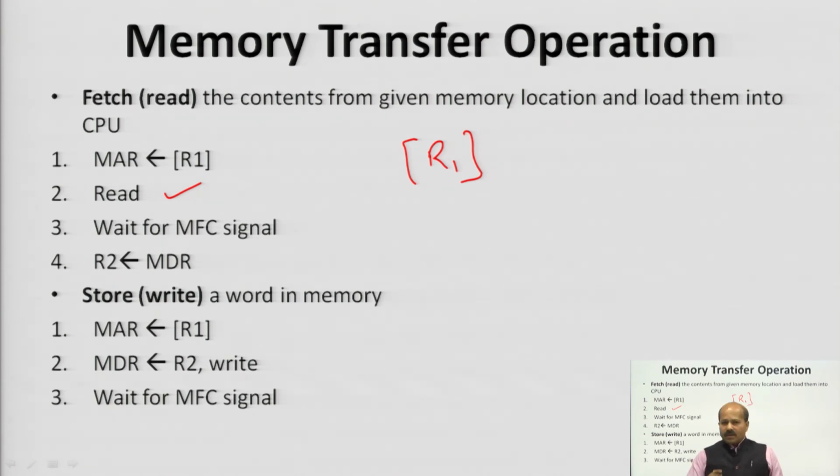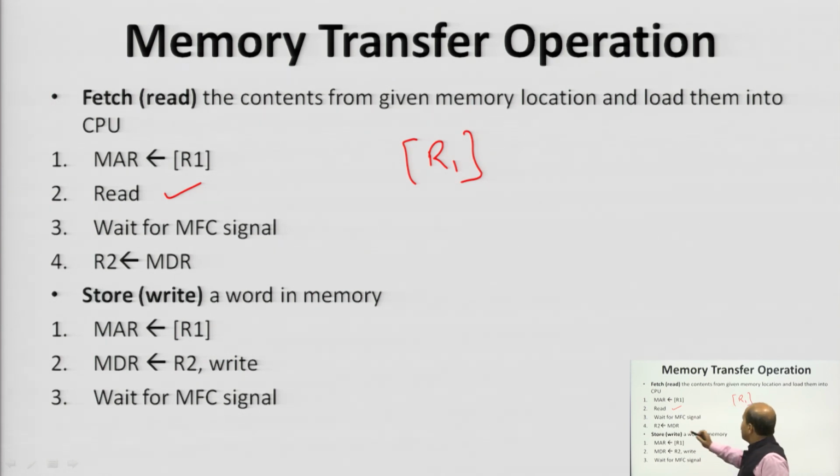And as we know, the memory transfer is much slower than the register transfer. So, it will take a few clock cycles. So, the system will wait for some time during the fetch operation. This fetch or read operation will be performed.